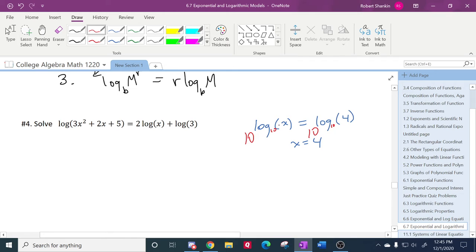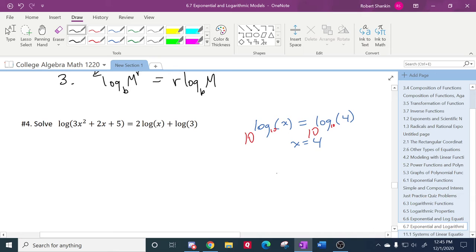And these would cancel each other out, and it would get you x equals 4. Now that's the kind of thinking that I need to do over here. But the problem is, I have 2 logarithms on the right hand side. If it's 1 logarithm, you're okay with this. If it's more than 1, you can't use this idea here.